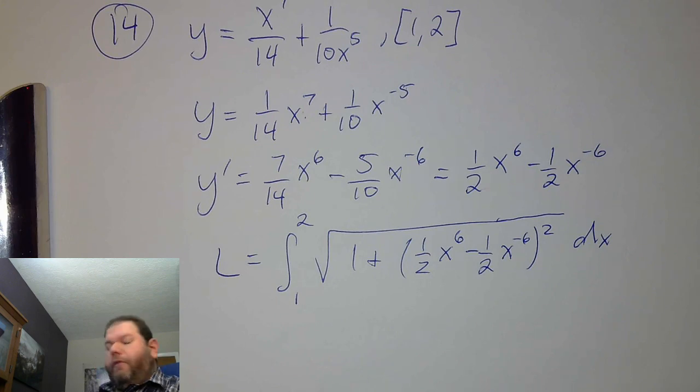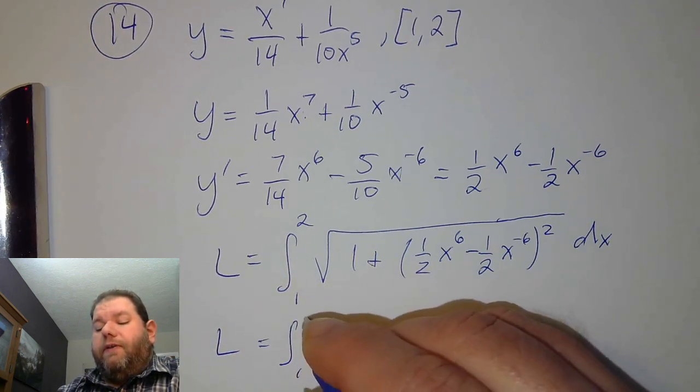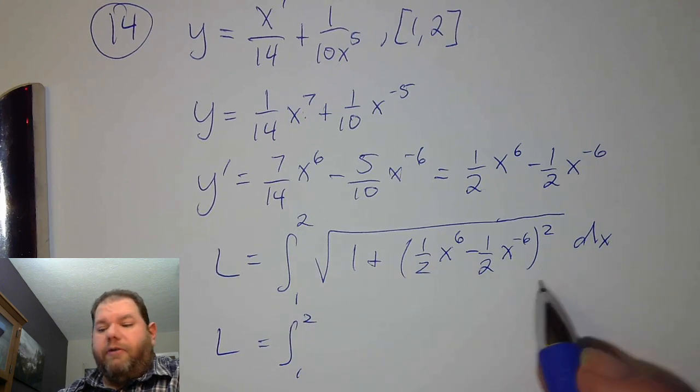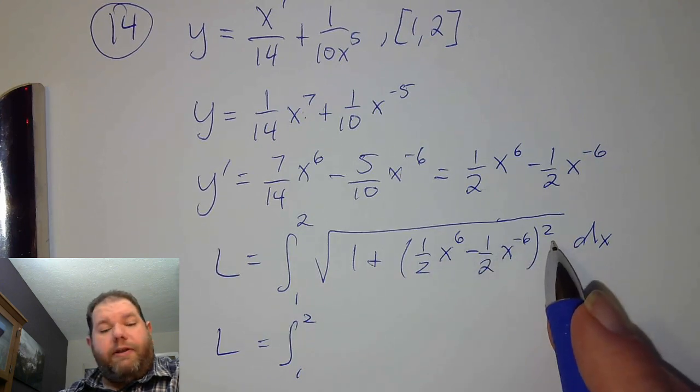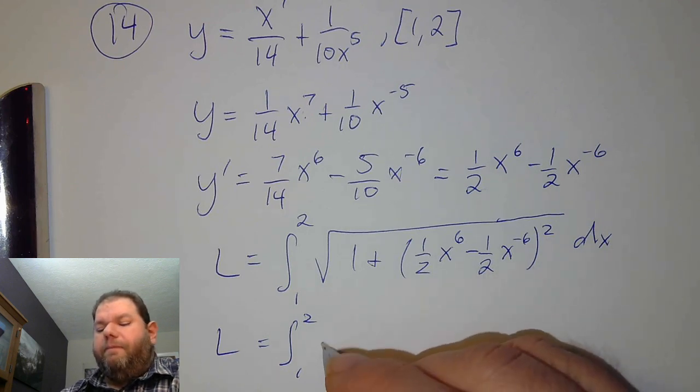Okay. Now that may seem a little daunting, but it is just a FOIL operation if we think about it, because we're going to take this expression and multiply it times itself. So we'll just FOIL this times itself.